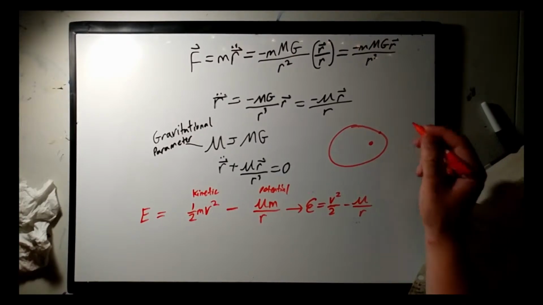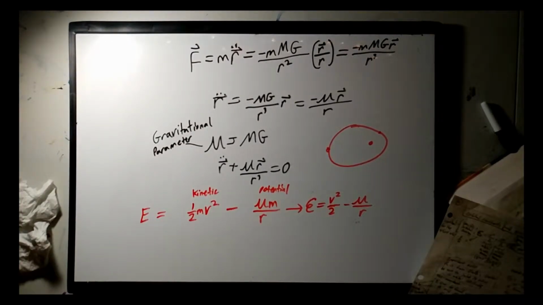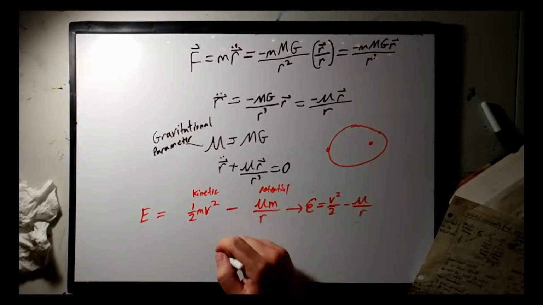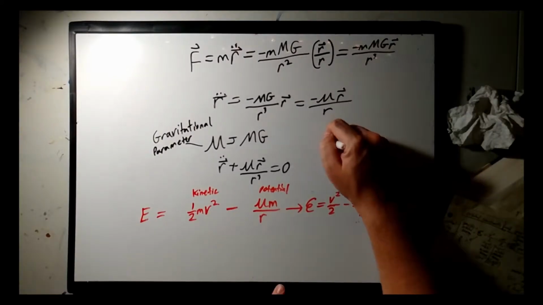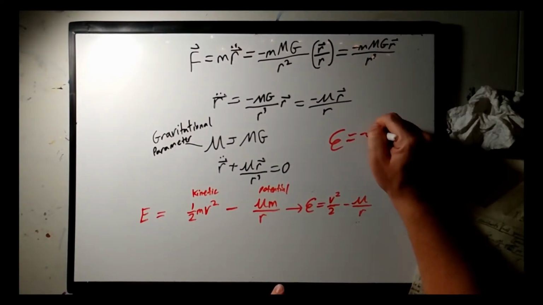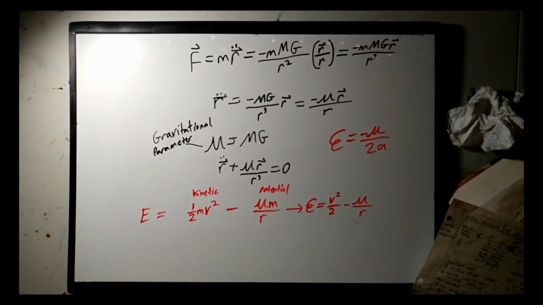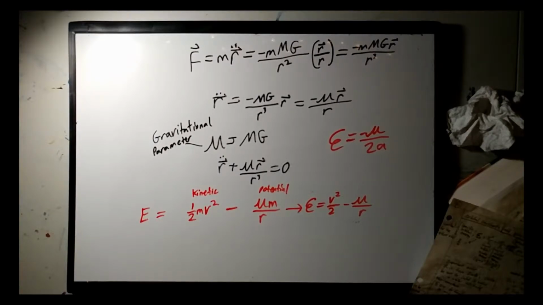If you're here, it's going to be the same as if you are here. There is another way to find your specific orbital energy, and that is equal to negative mu over 2a. And we will derive that in a separate video.